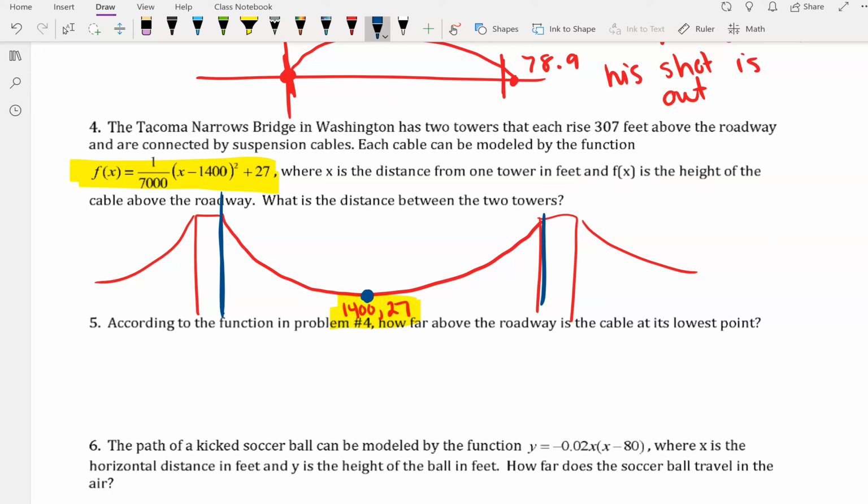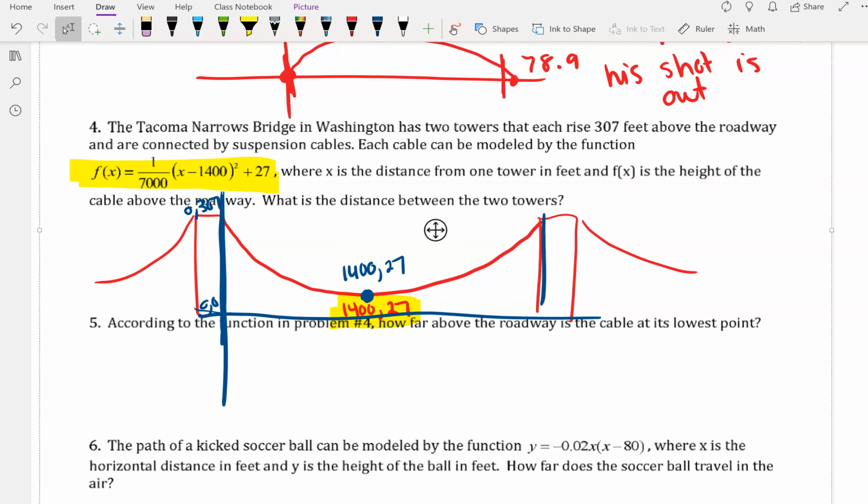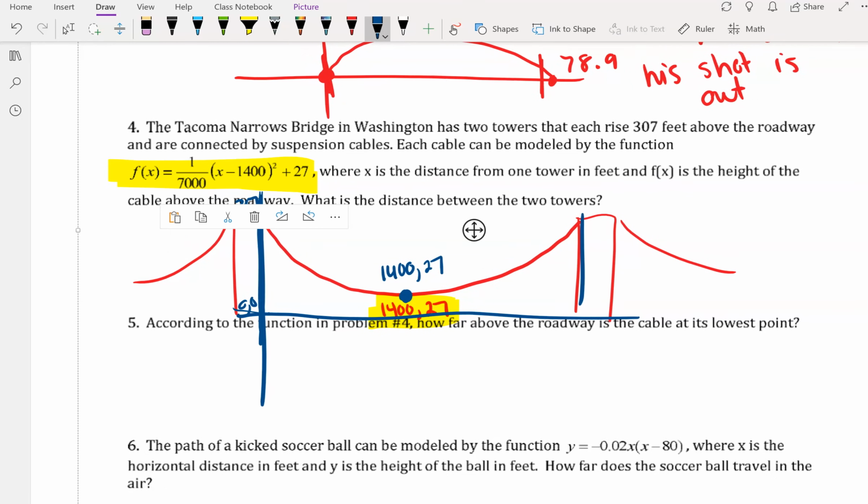This would be like our y-axis. Sorry, guys. That's the y-axis. This would be like the point (0, 0), and this would be like the point (0, 307). And then if this is all the way over at (1400, 27), that's just halfway between the two towers.